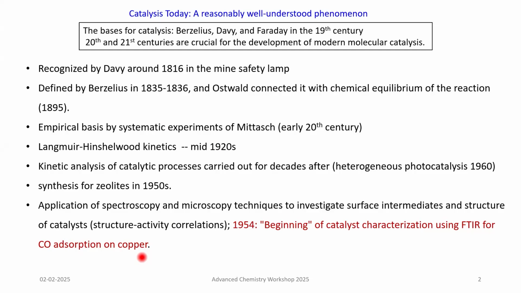Spectroscopy is important. Today, without spectroscopy, you can't do anything. You have to have spectroscopy to understand what is going on in molecules, atoms, materials, compounds, the structures, and you need to analyze all of them. Right? Spectroscopy and microscopy are very important. So that kind of analysis started only in 1954 and after that.